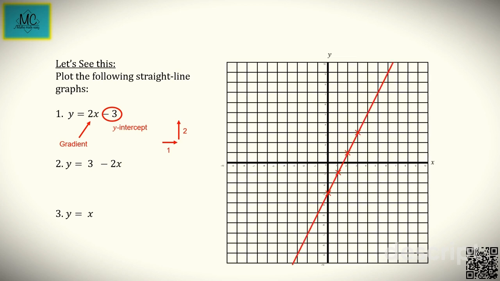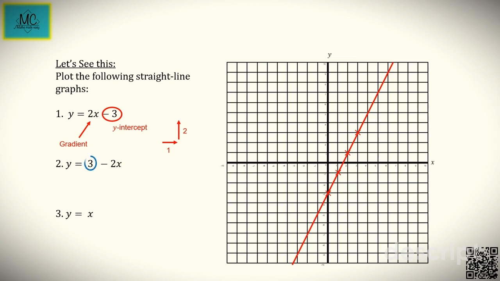Now, the second one says y is equal to 3 minus 2x. This is also a linear equation in the form of y is equal to mx plus c. But here mx is given in the second place, which is minus 2x, and c, or the y-intercept, is given in the first place.